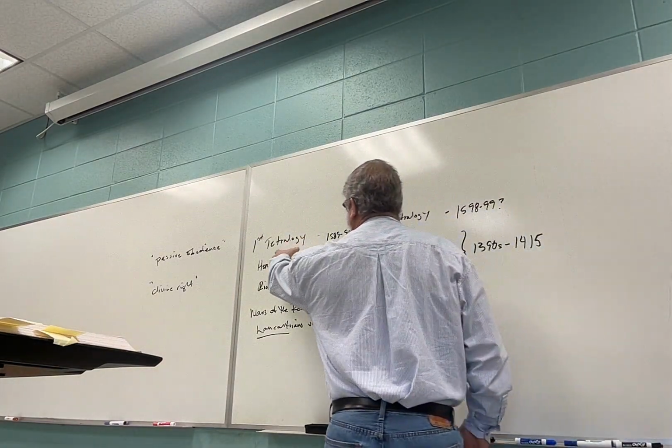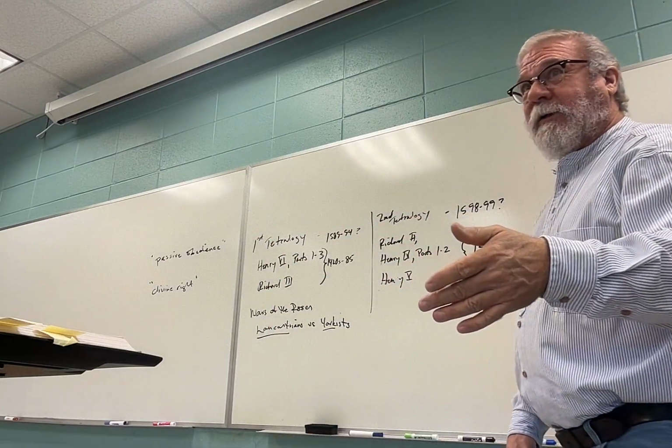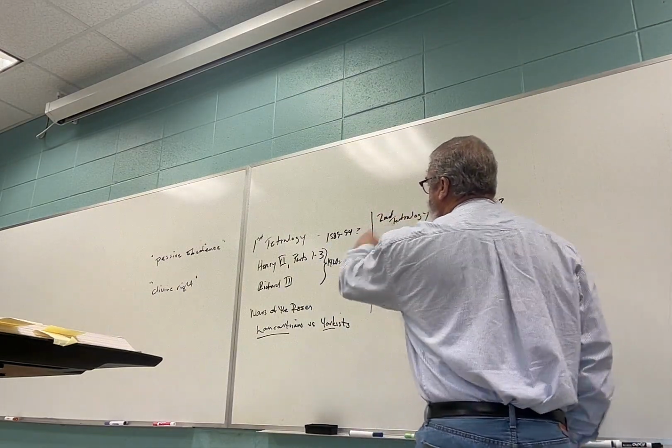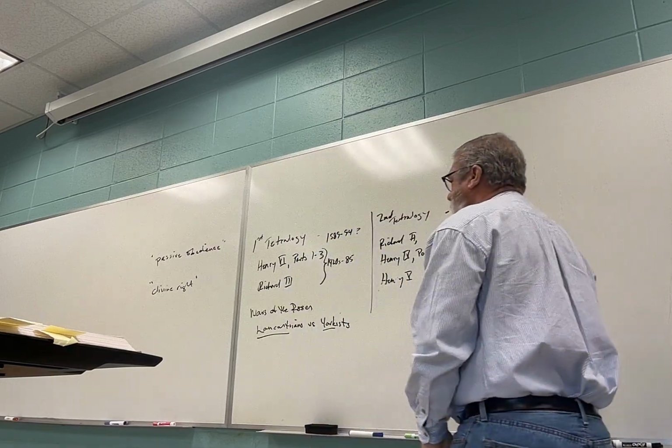The first tetralogy is Henry VI, parts 1 through 3, okay, and Richard III. We know this is written early, okay, 1589 to 94.